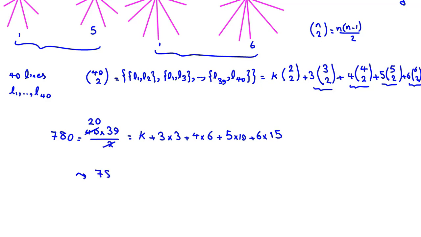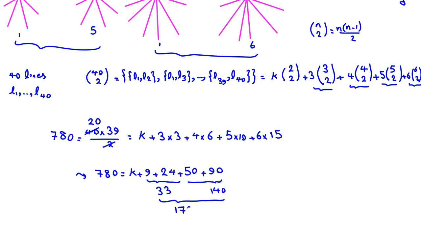So we conclude 780 equals k plus 3 times 3, 9, plus 4 times 6, 24, plus 5 times 10, 50, plus 6 times 15, 90. Now, 9 plus 50 plus 90, 149. 24 plus 149, 173.